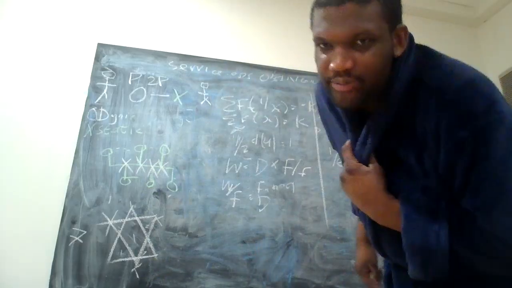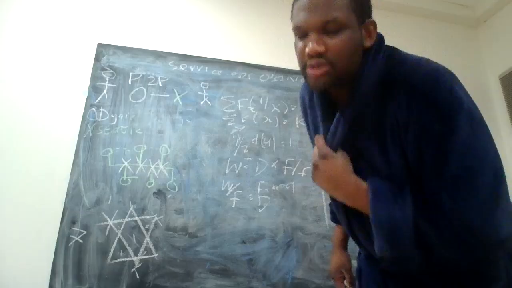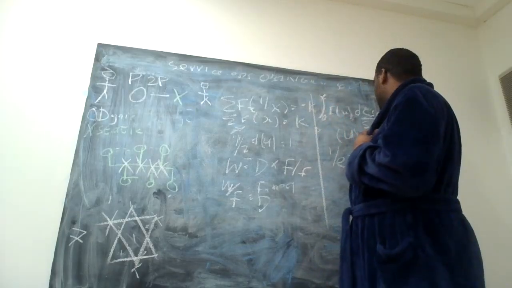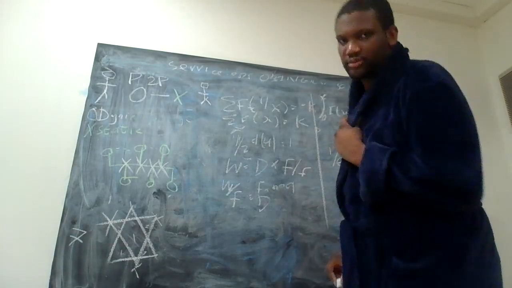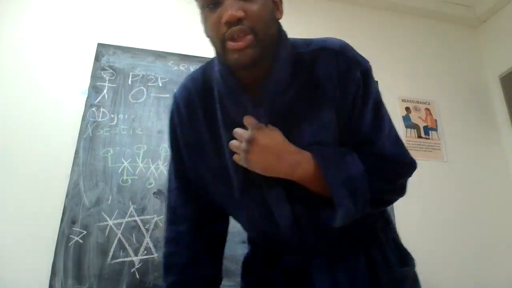1 divided by e is 0.3678, or 0.3679, and 1 divided by e times k, and k is the kinematic of the system.